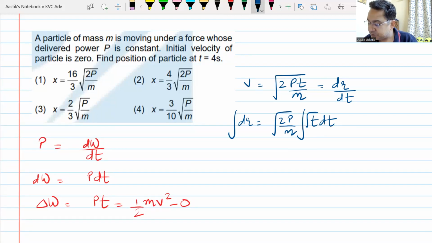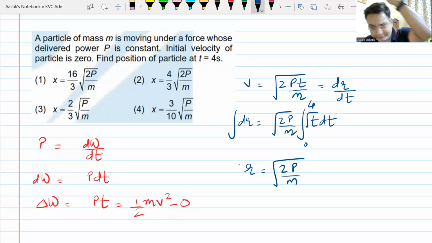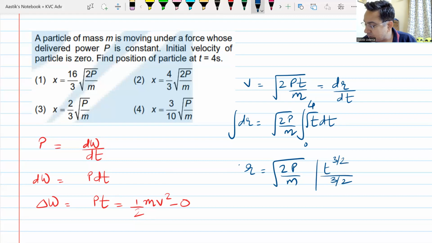The initial velocity is 0. Position is also taken as 0. So you have to integrate this from 0 to 4. So you get the position of the particle as root over 2P by m, integral of root t. What is the integral of root t? t raised to the power 3 by 2 divided by 3 by 2, and you have to take the limit from 0 to 4.